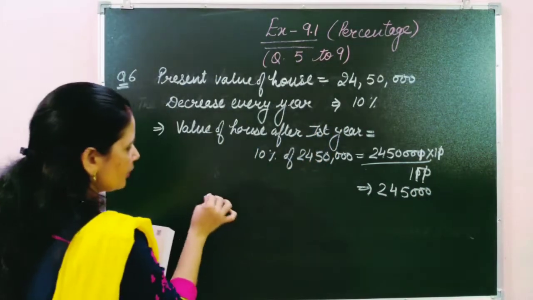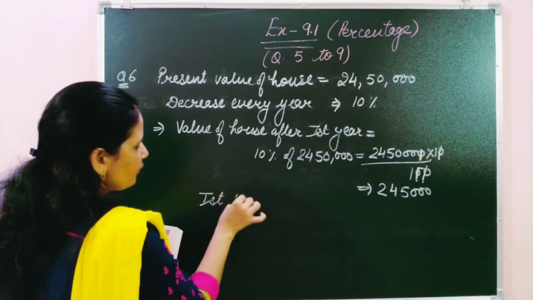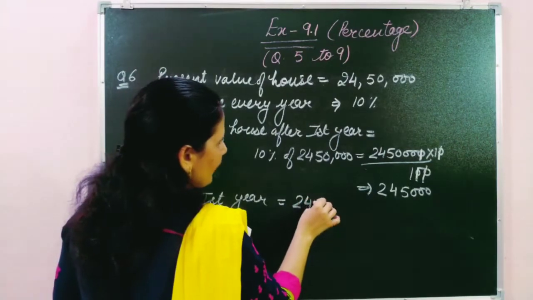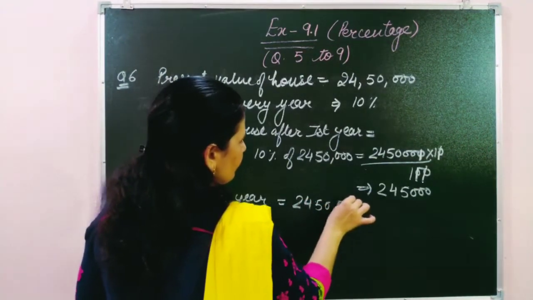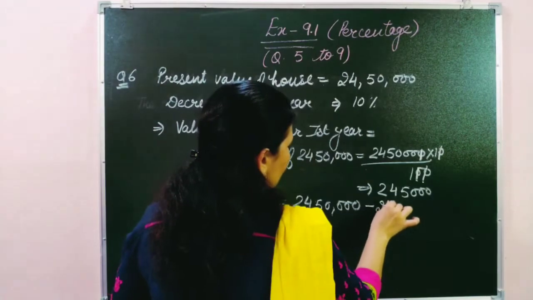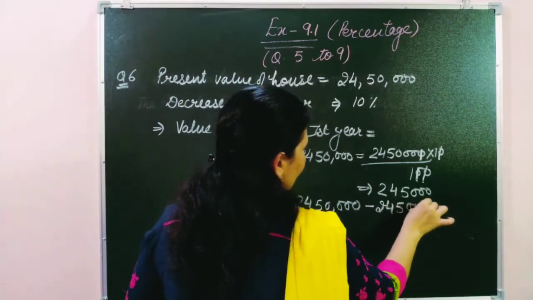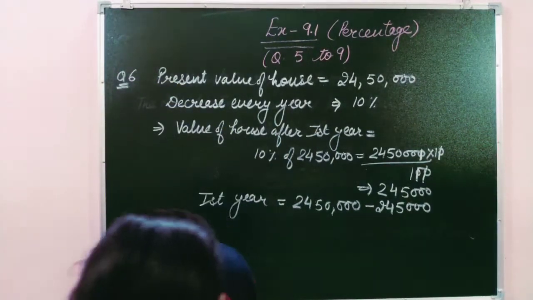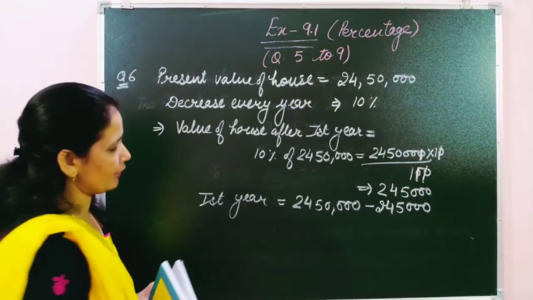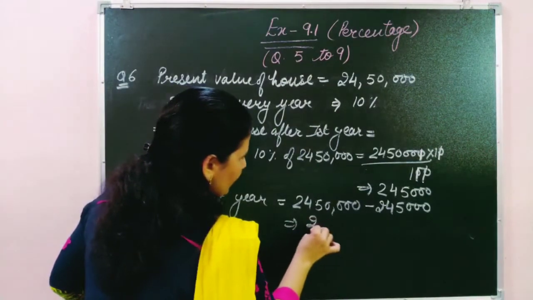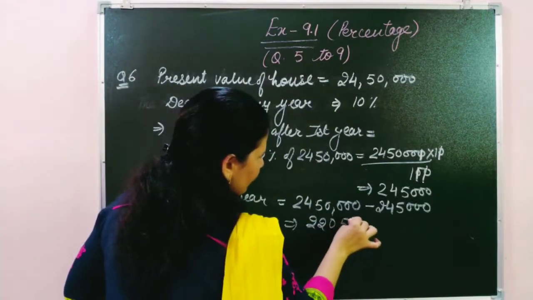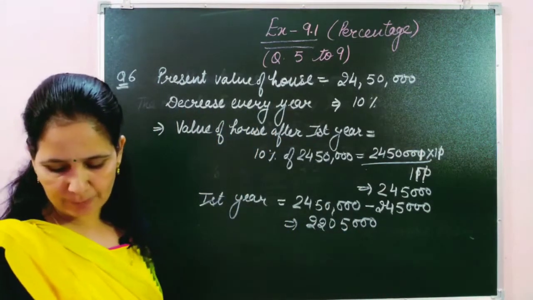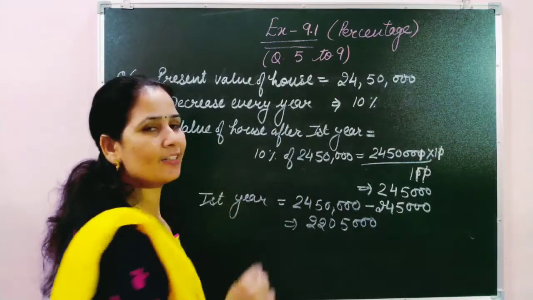So the value after first year is 24,50,000 minus 2,45,000. From 24,50,000 subtract this, and when we subtract we get the answer 22,05,000. After subtracting we get the value 22,05,000.